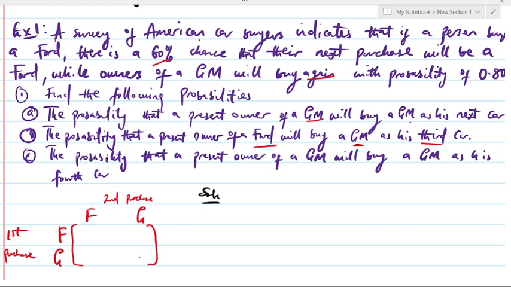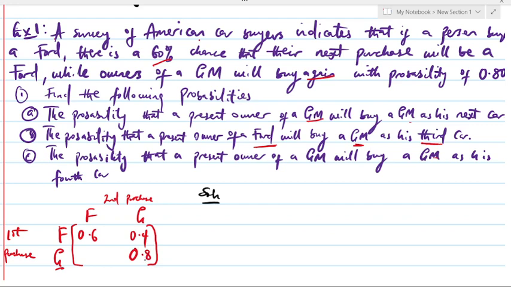According to the question, if a person buys a Ford, there's a 60% chance that their next purchase will be a Ford. 60%, that is 60 over 100, we have 0.6. That means there is 0.4 chance that they will get GM for their next purchase. Continuing with the question, owners of GM will buy again with probability of 0.80.